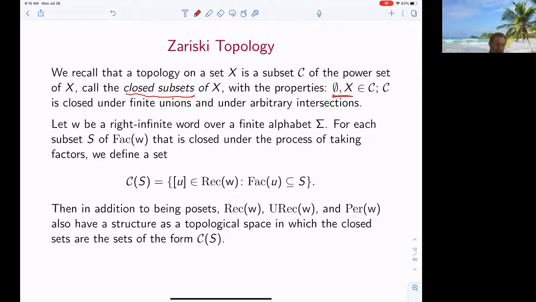What we see is that these sets all have a topology in which the closed sets can be defined by this rule.